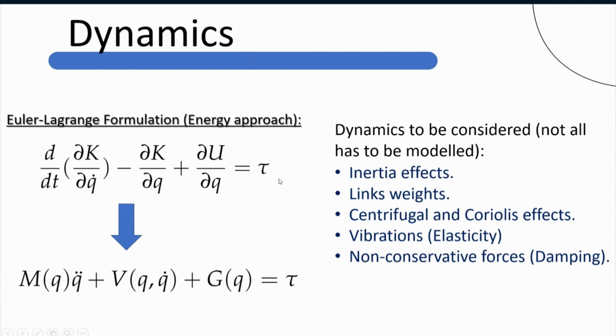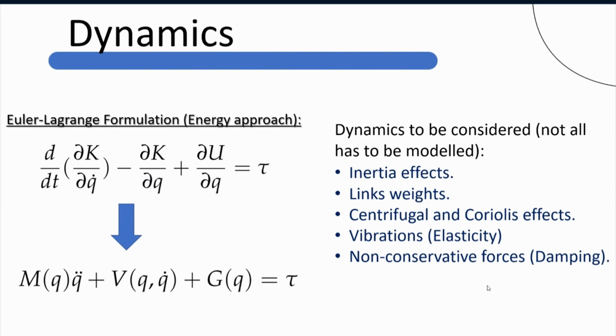Generally we have different effects that we can model for the robot. For example, the inertia effects, the link weights, the centrifugal and Coriolis effects, and the vibrations, because our robot is not perfectly rigid. It has some vibrations, and those who deal with robots can see that.